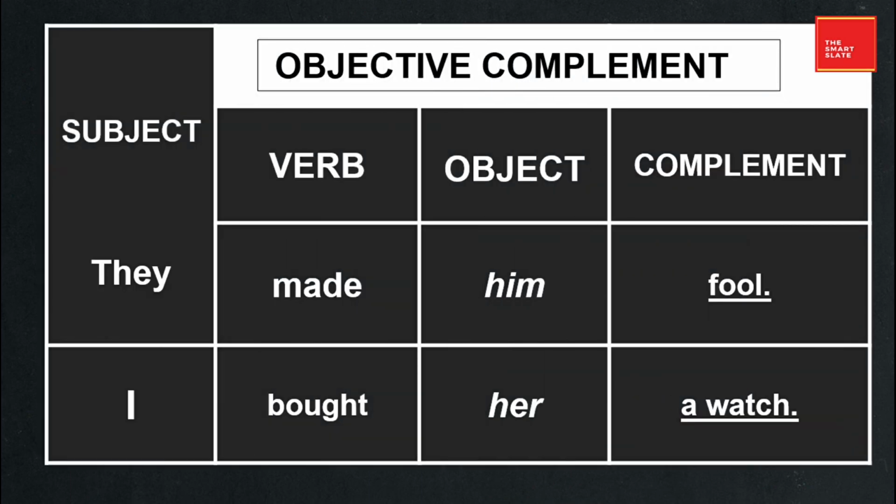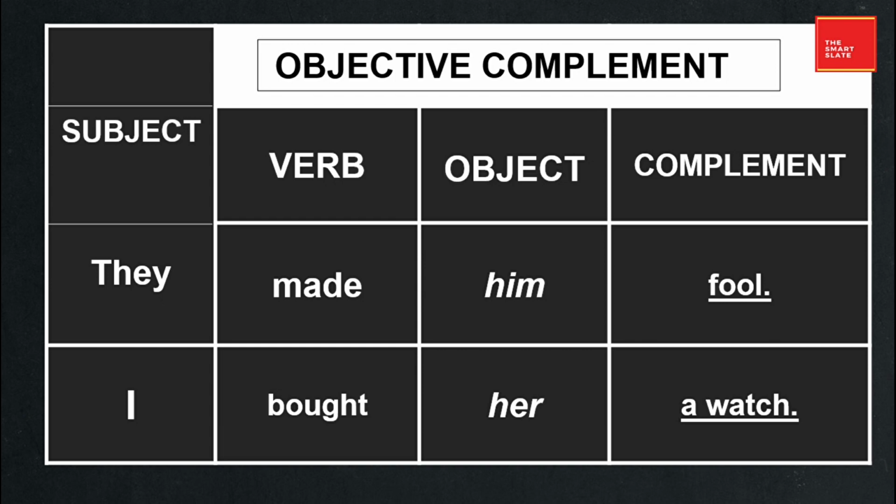So in this particular table we'll understand objective complement, like they made him fool. So who was made fool? They made him fool. The object comes after the verb, and the complement is given to whom? To the object and not to the subject. Him here is the object and the complement given is fool. I bought her a watch.